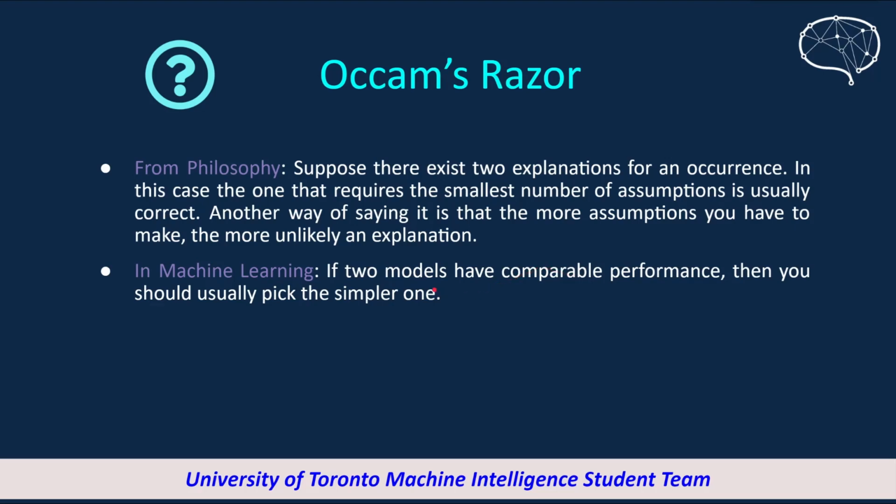And in machine learning, it means that if two models have comparable performance, then you should usually pick the simpler one. For example, if you just want to model a very simple thing, for example, acceleration and position when a car is moving, you could just use a quadratic model to model it. You only have three or four parameters at most in order to model that.